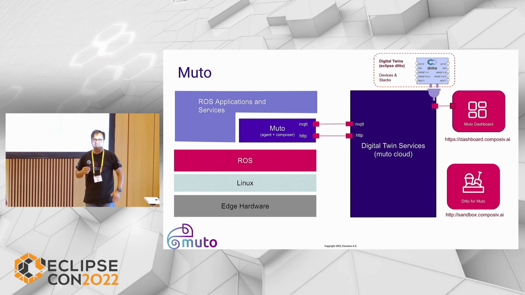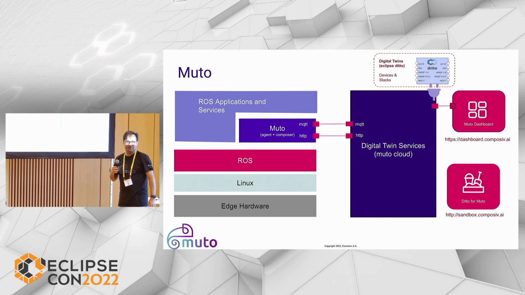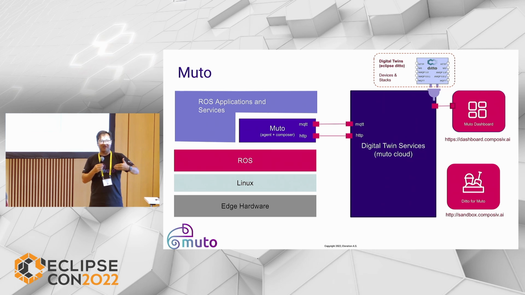The architecture is pretty simple. It sits on top of the ROS layer. Muto technology is basically ROS nodes. Agent is a ROS node, and Composer is a ROS node. So when you spin this up, the only thing that needs to be on the device at that time is the agent and the Composer. Of course, you can choose different ways to deploy the software components onto the device.